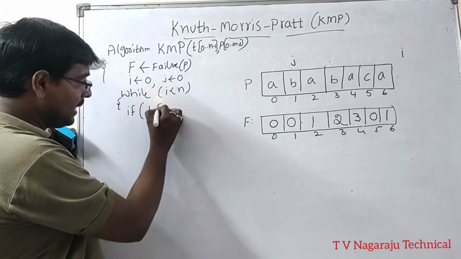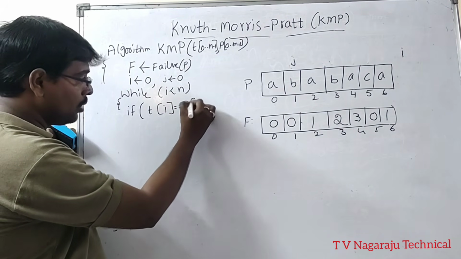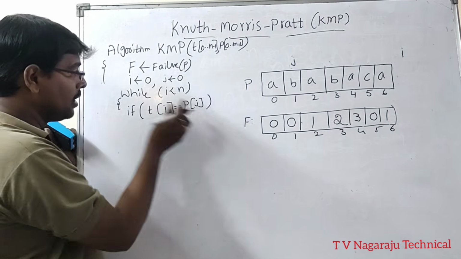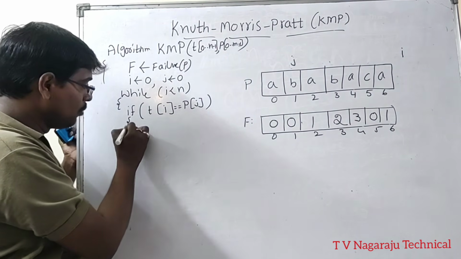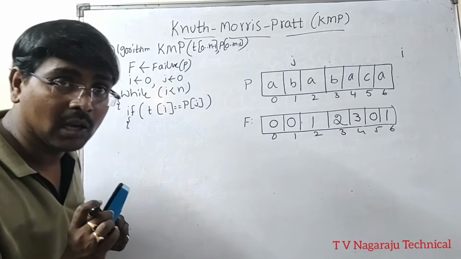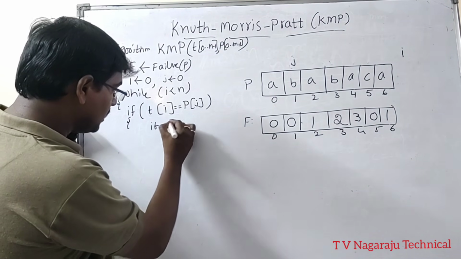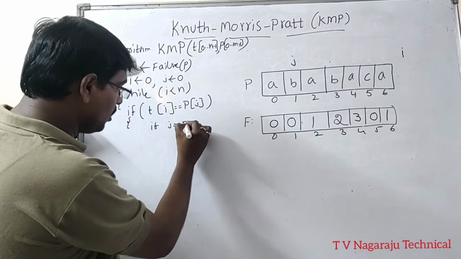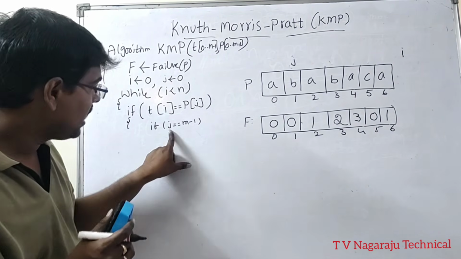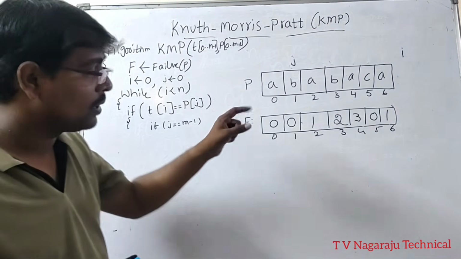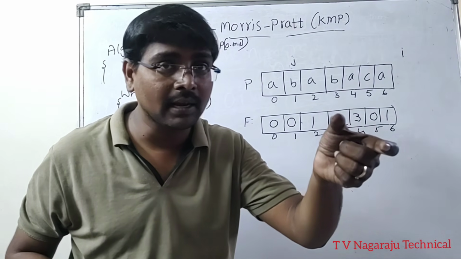If T of i is equal to P of j within the while loop, if both are equal, we are checking one condition. If j is equal to m minus 1, what is the meaning? I said j is used to traverse the pattern.